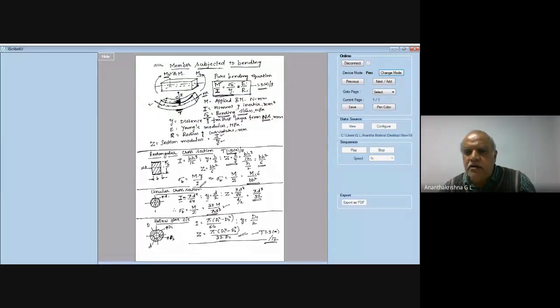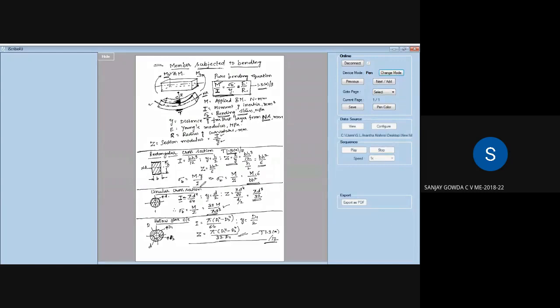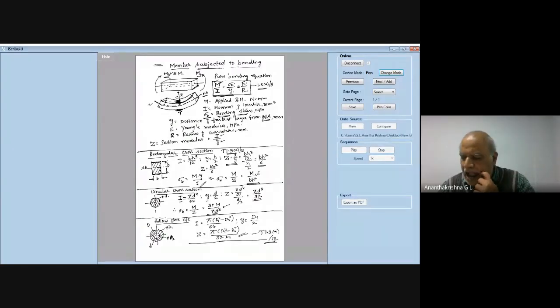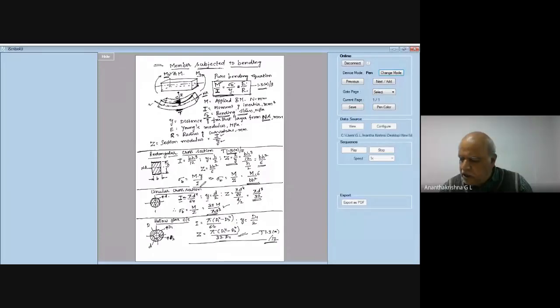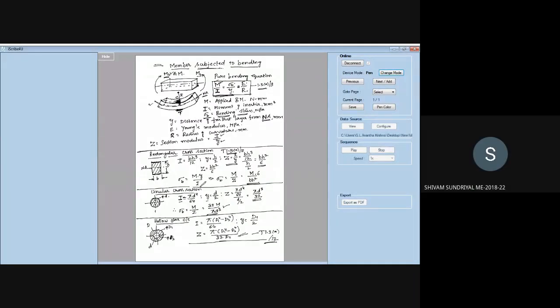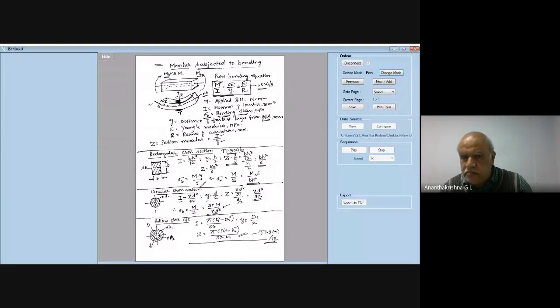Get up, man. Get up and say yes. Sandeep P. Sanjay Gowda. Yes, sir. Satish Shankar. Saurabh. Yes, sir. Shivam Kumar. Yes, sir. Sundriyal. Present, sir. Saluja.